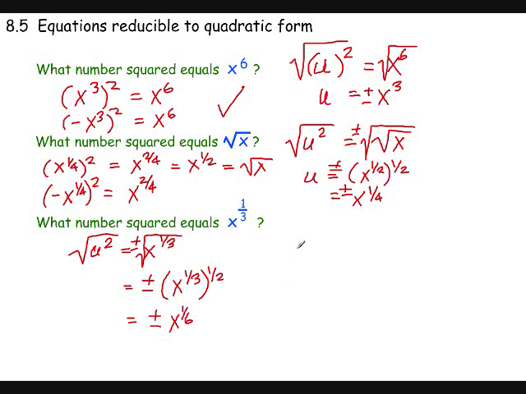Let's try it. If I have x to the 1/6 and I square it, it will equal x to the 2/6, which will equal x to the 1/3. I'm not going to go through and do the negative again because I think that's pretty clear.